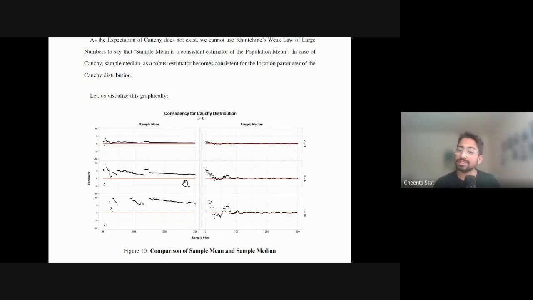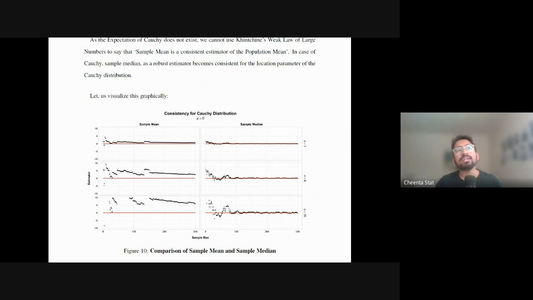But also understand that outliers may come from a heavy tail distribution too, and therefore they can change the sample mean, just like it's doing here.